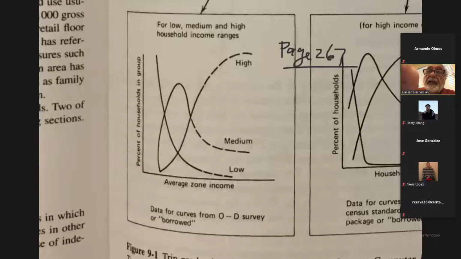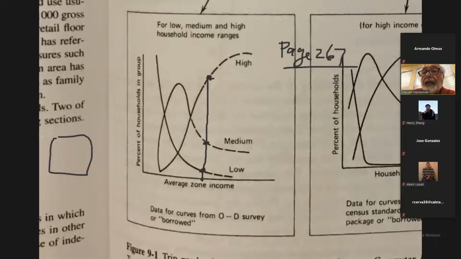If you have an area or a zone, you know what the average income of people is in that zone. So let's assume the average household income is, let's say, $50,000. So use this graph and you go up and you intersect here, here, and here.